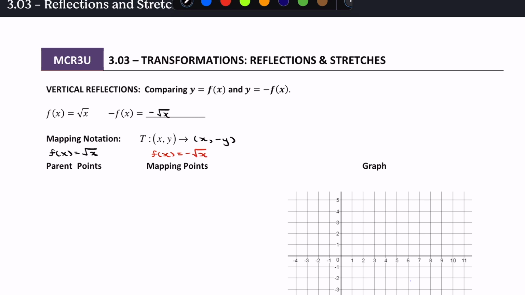Our table of values for the original parent function starts with 0, 1, 4, and 9 for the x values, and the corresponding y values will be 0, 1, 2, and 3.